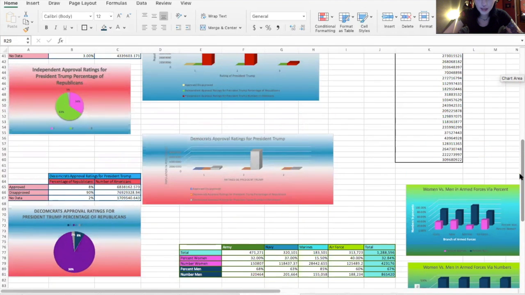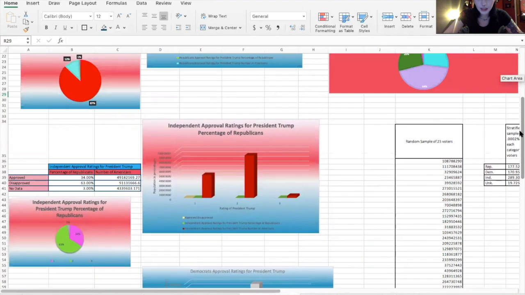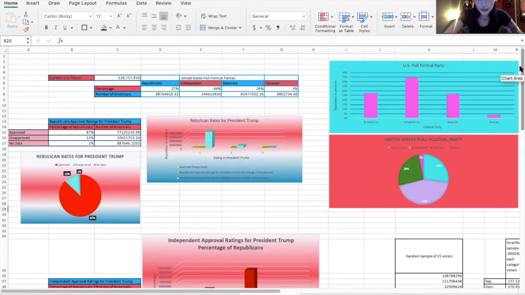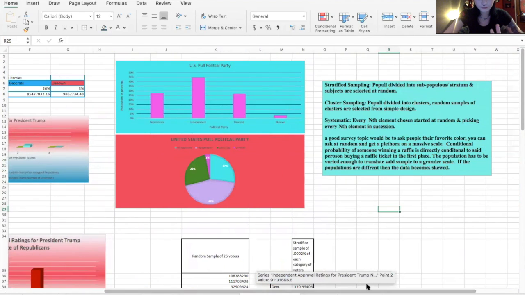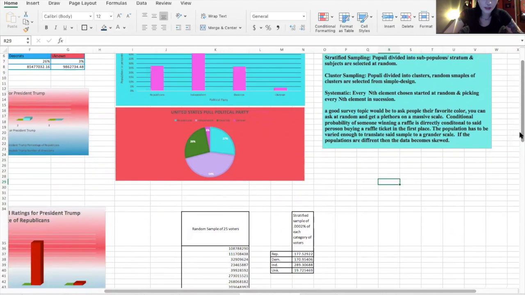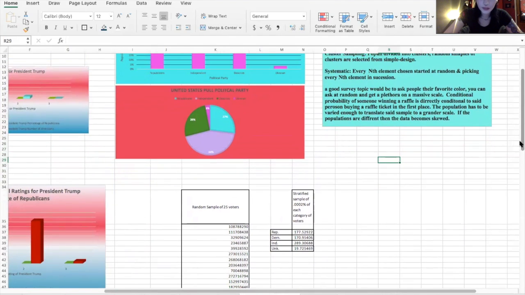All of that data is essentially cluster sampling, in my opinion, because they're political parties, so obviously they've already got a set agenda, if you will.